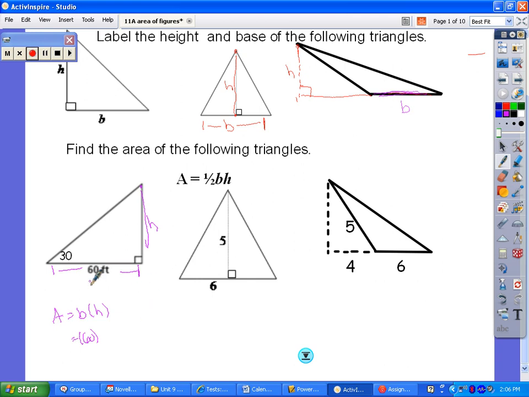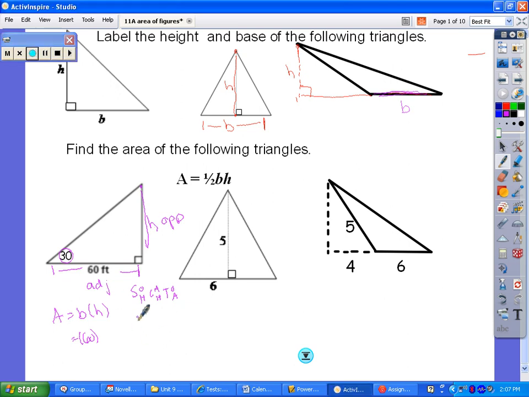So if we label our sides, 60 is my adjacent to my angle of 30, H is my opposite. We can write out SOHCAHTOA to help us remember which trig function, and since we have O and A, we're going to use tangent.